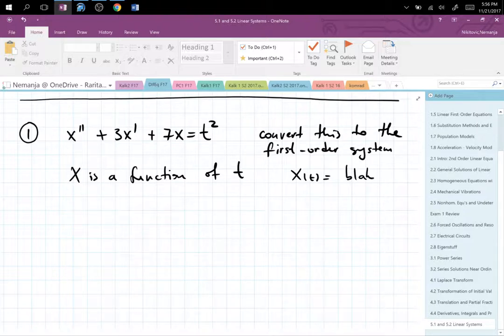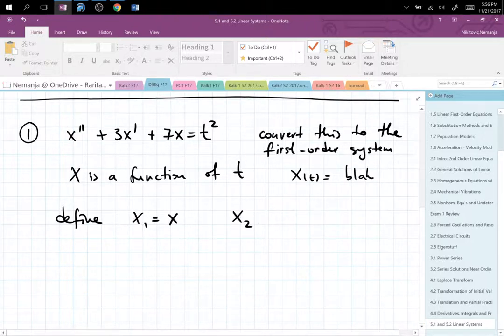So you have this, and what I'm going to do is define, to break it apart, x1 is equal to x, and x2 is equal to x prime.